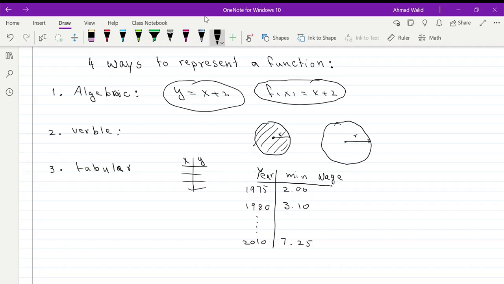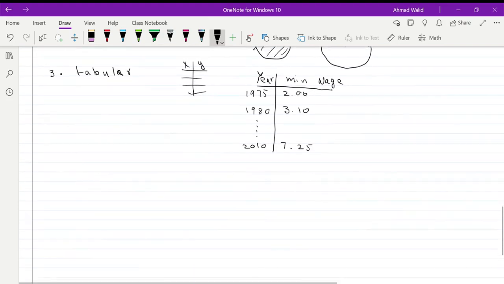Volume is a function of time. Correct? Even area can be a function of time in some problems in physics. Correct? Number 4, or the fourth way to represent a function, graph.